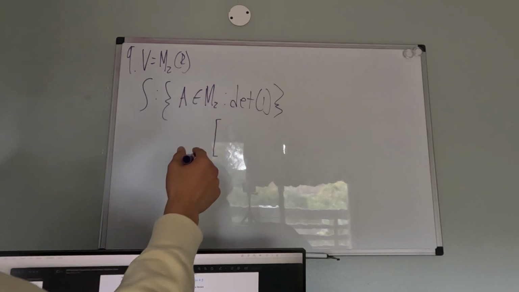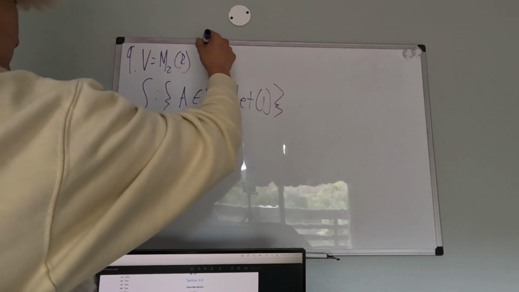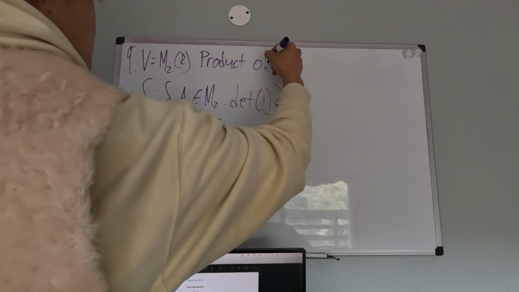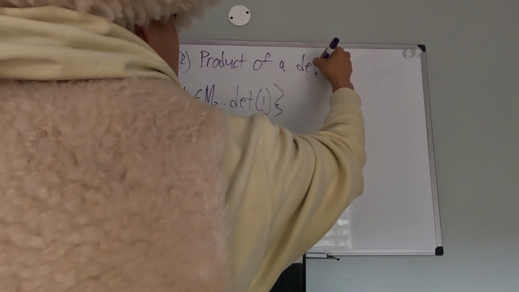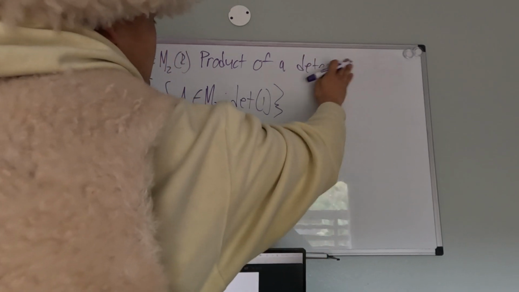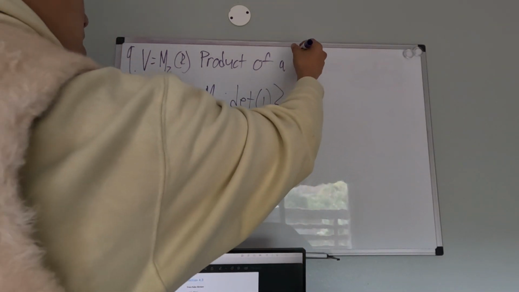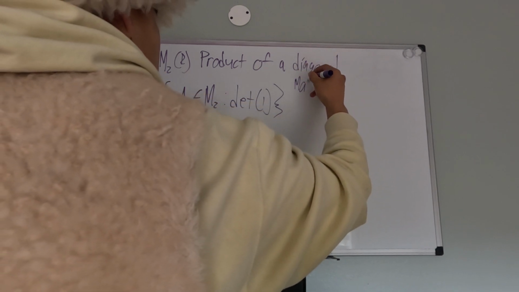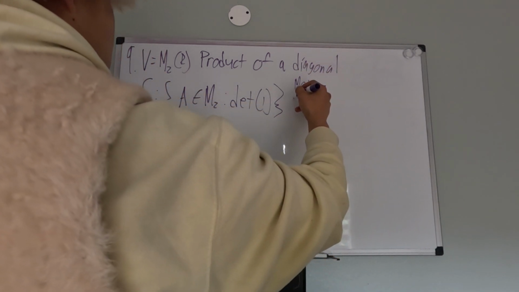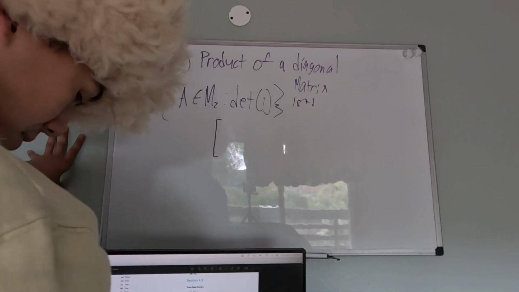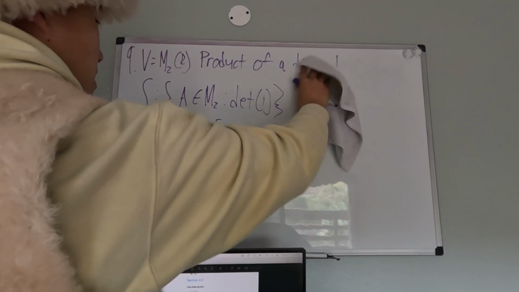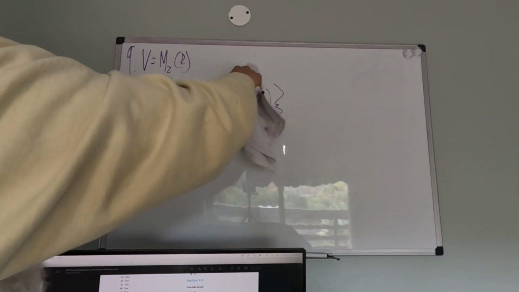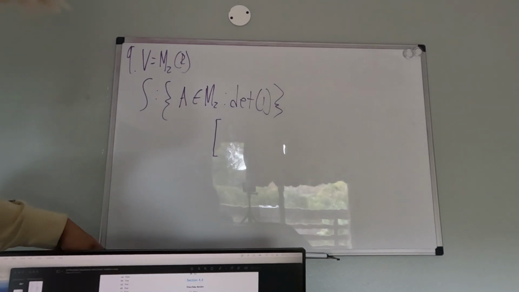Now, determinant 1. If we know the traits about determinants, the one trait you should know is that the product of the diagonal of the matrix is the determinant.